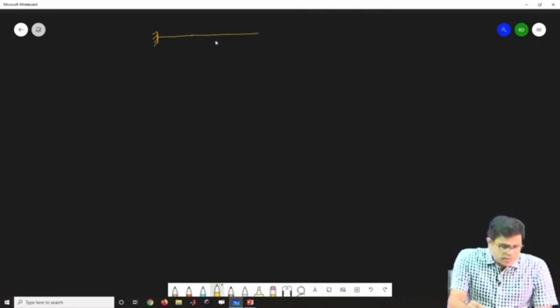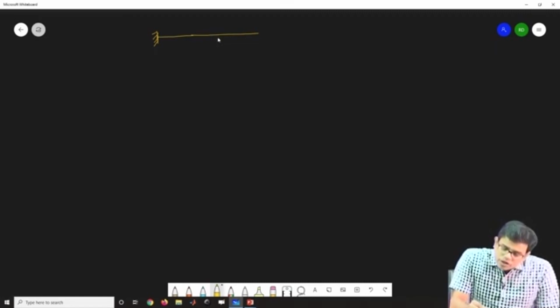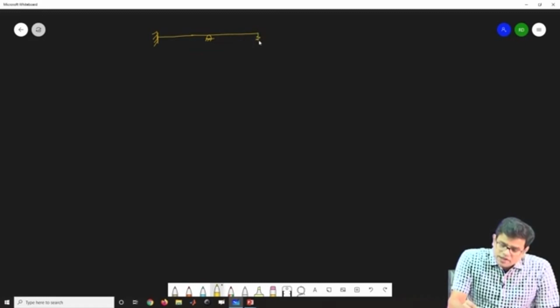First, suppose there is a cantilevered bar. In this problem, let us take a slightly complicated structure so that at least we can solve it. Suppose there is a roller here and a linear spring at the free end.